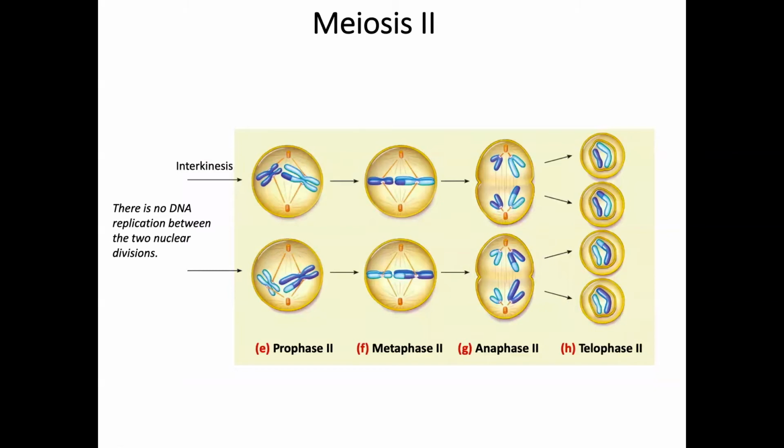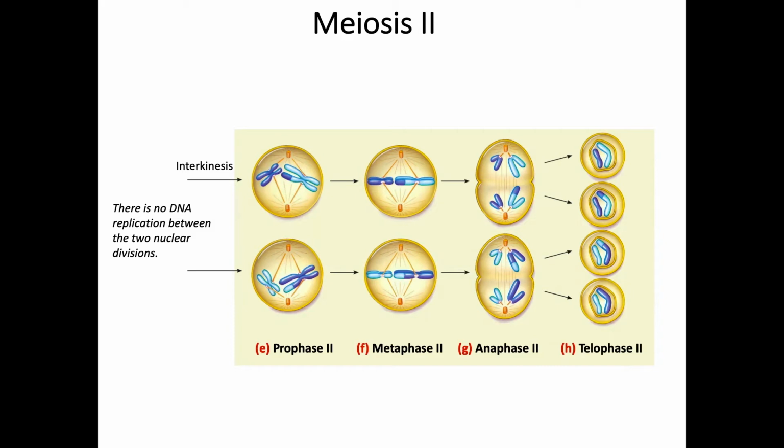In meiosis 2, the second cell division, again, PMAT, still 4 stages. For meiosis 2, the cells will not make another copy of DNA, so no DNA replication. Remember, we mentioned that X-shaped chromosome remains after meiosis 1.